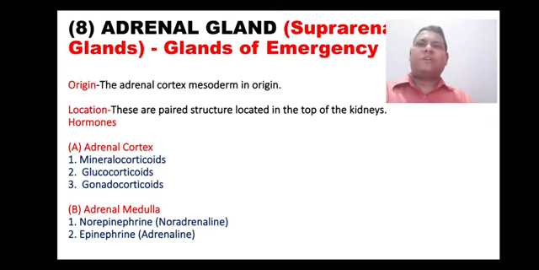Gonadocorticoids and sexocorticoids are also called the sex hormones of the adrenal glands. Large quantities of the male and female sex hormones are produced. The male sex hormones are called androgens, which are important in the development of the male fetus.